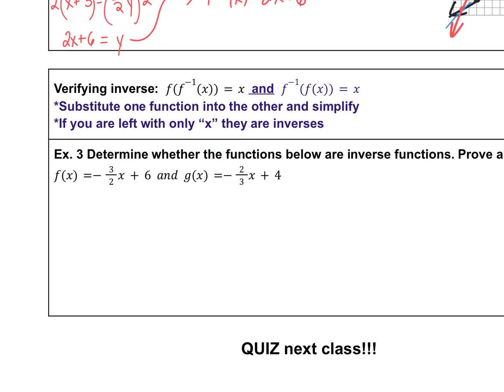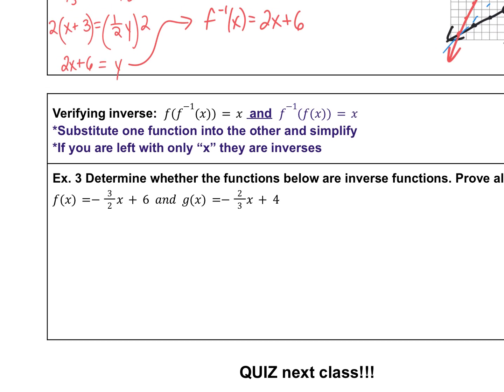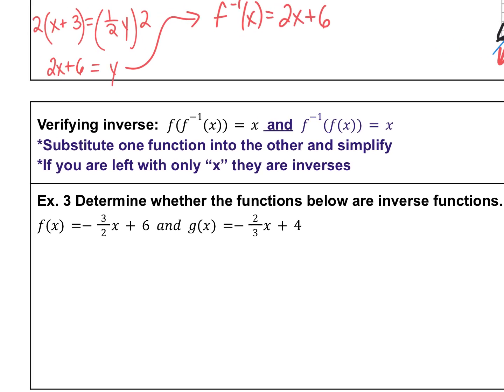It's still the same thing. It's just proving. Okay. I know what you're thinking, I just said the word proving and your mind went back to proofs and geometry and you're like, oh no, okay? This is not like that really, okay? This is just me verifying if two things are inverses, okay? So if I gave you two functions and I asked you if they're inverses, there's actually an easier way than just going through that whole process twice.